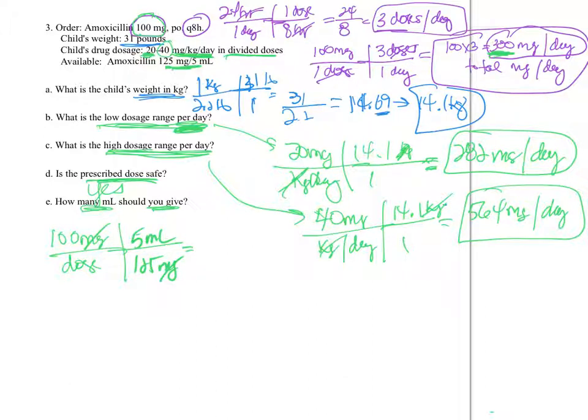So we get 500 divided by 125, which is equal to 4 milliliters per dose, right? Because we cross out the milligrams, so 4 milliliters per dose.